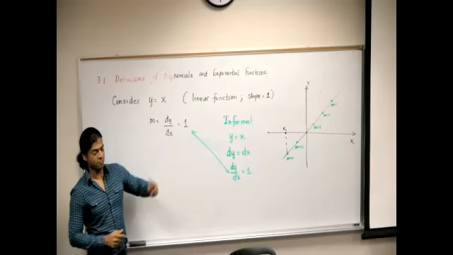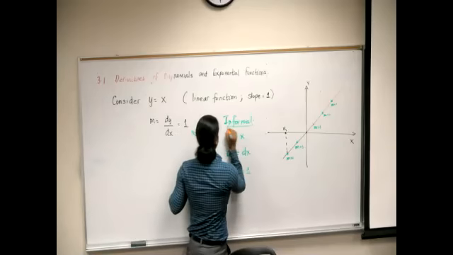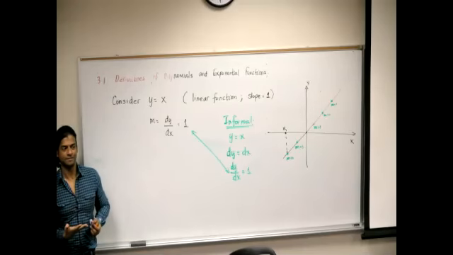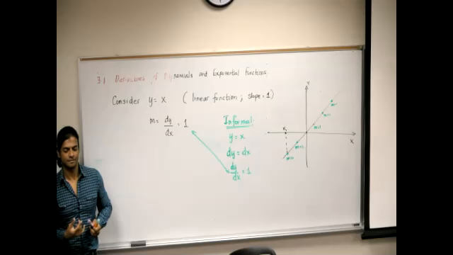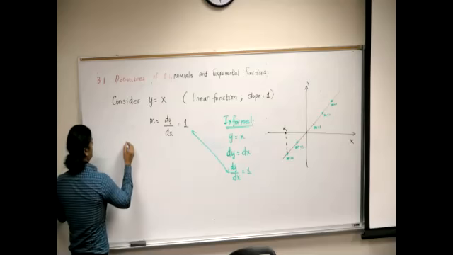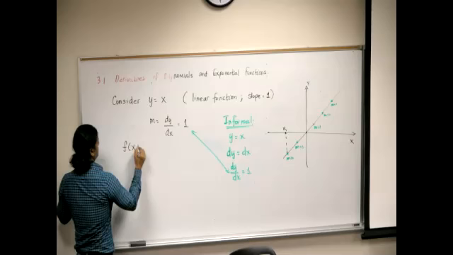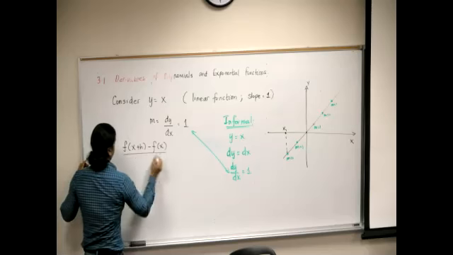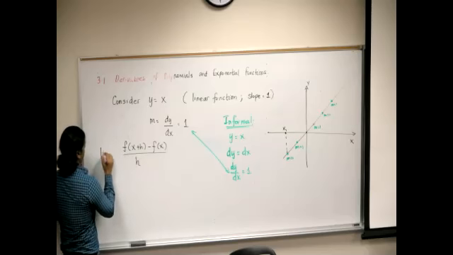But that's informal. What should the formal approach be? The formal approach should be f of x plus h, minus f of x, over h, with the limit as h approaches 0.